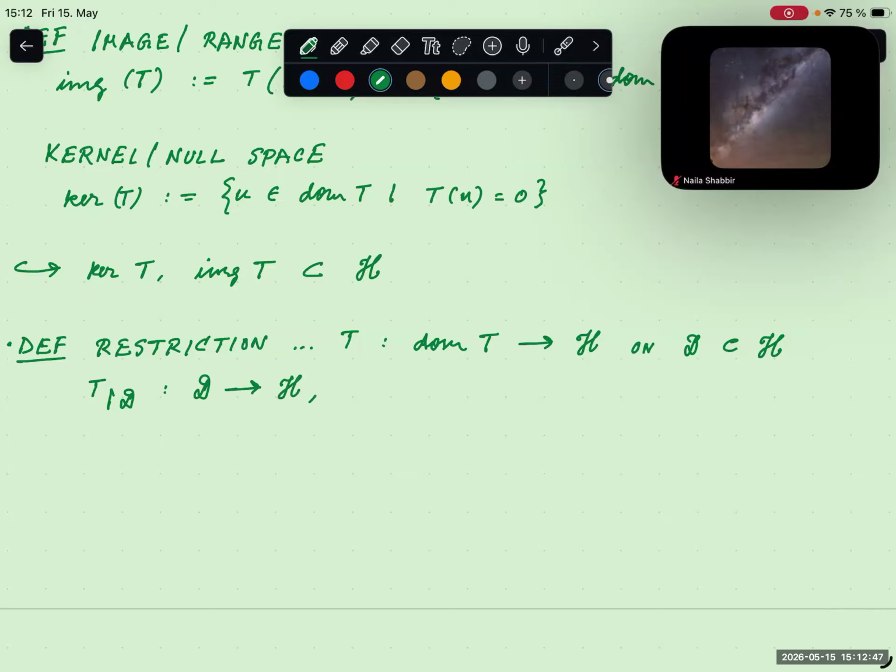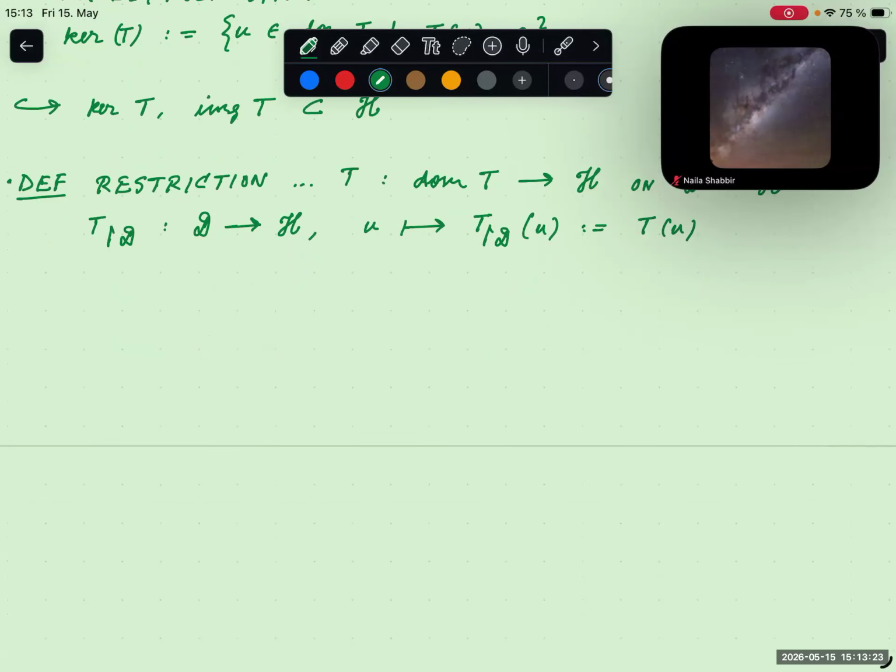And how is this functionally defined? You take as usual an element U of D, and T restricted to D applied to U is defined as T of U. So restriction means you are actually shrinking the domain.